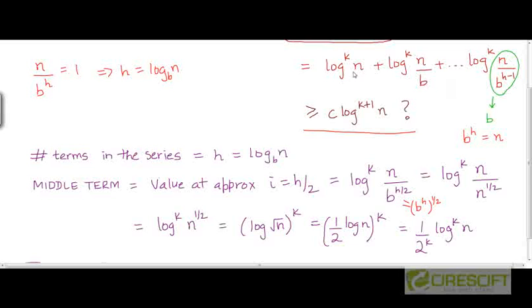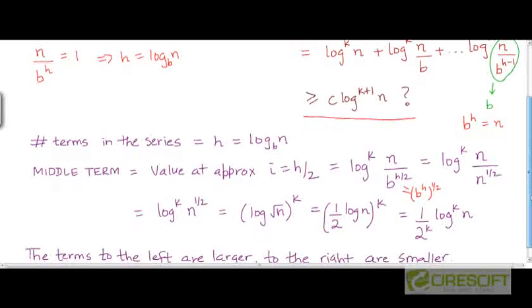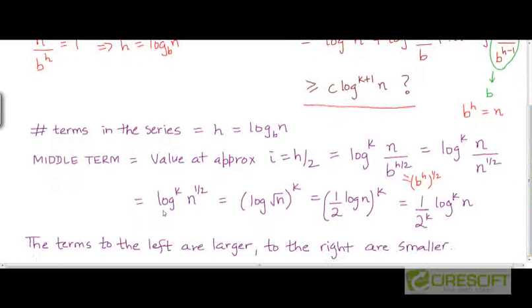So the first argument was n, the second argument was n by b, the third argument was n by b square, the middle argument was the square root of n, and the last argument was b. We can simplify this further.